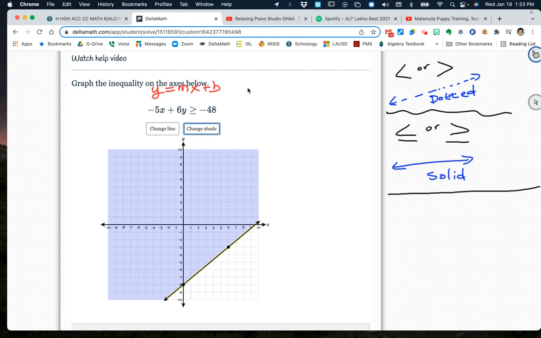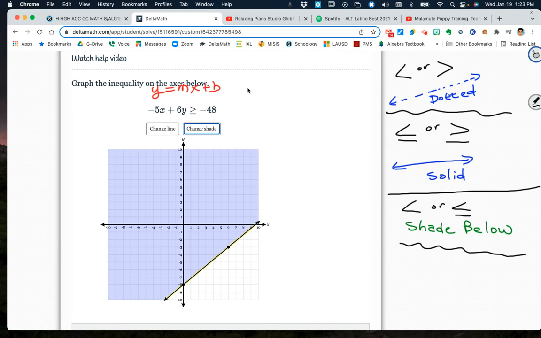So let's add that over here. Okay, guys, just add it to the side. If you have a less than or a less than or equal to, we're going to say shade below. Or like Catherine said, shade down, if you want to say it that way. That's a good way of putting it too.